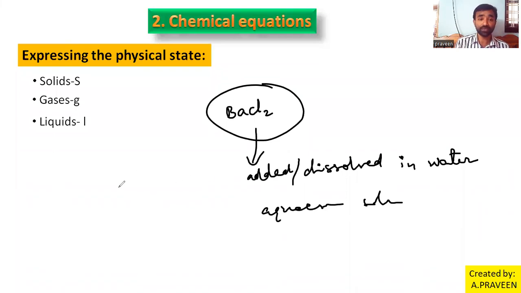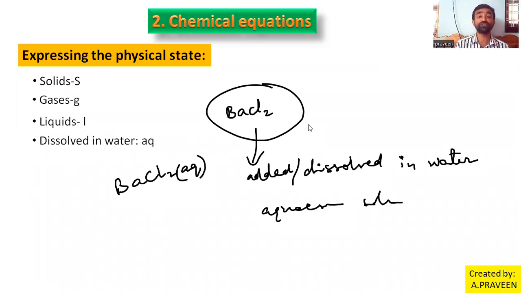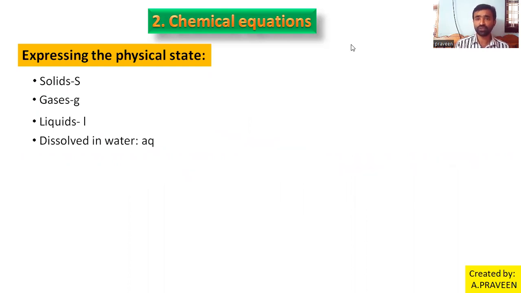So how do we write that? BaCl2 composition formula, and beside that we can use the symbol AQ to represent that the salt BaCl2 dissolved in water is an aqueous solution. Physical conditions are represented like this.